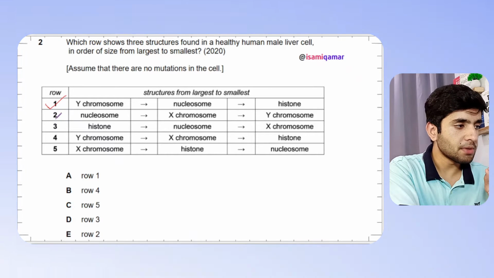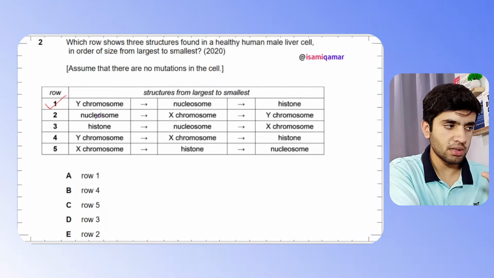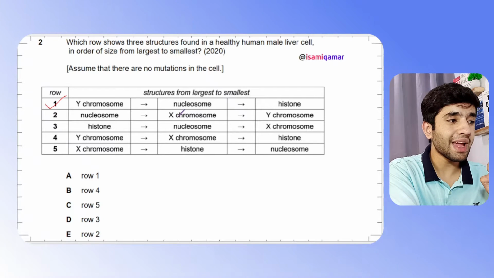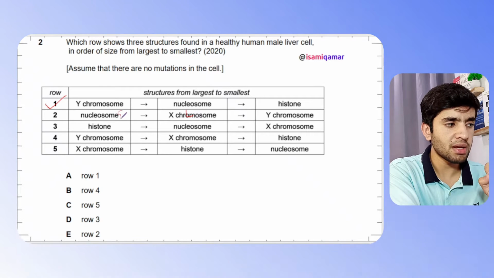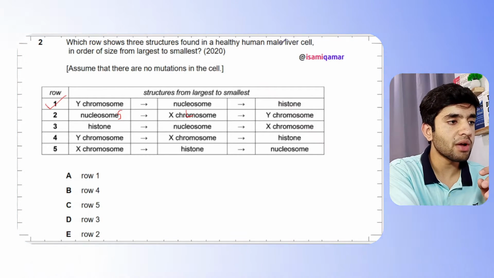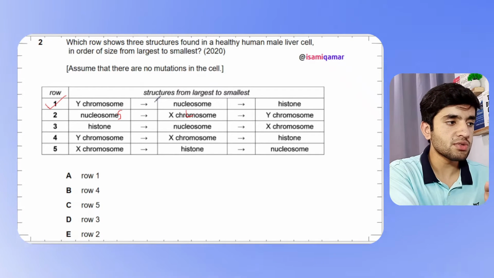The second option is nucleosome, histone plus DNA, a little bit smaller in size, then X chromosome. The X chromosome is large and the nucleosome is smaller. So this doesn't make sense for our question, because they said you have to classify from largest to smallest size.